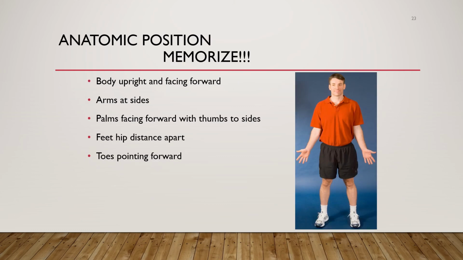The anatomic position is how we always refer to any person, whether they are standing up, laying down, whether they're prone, supine, whatever it is. This anatomic position, which is written out on 358 and 359, you also need to make sure that you memorize everything about it.